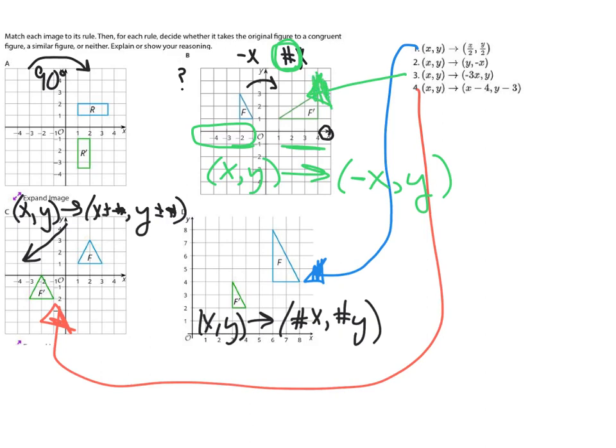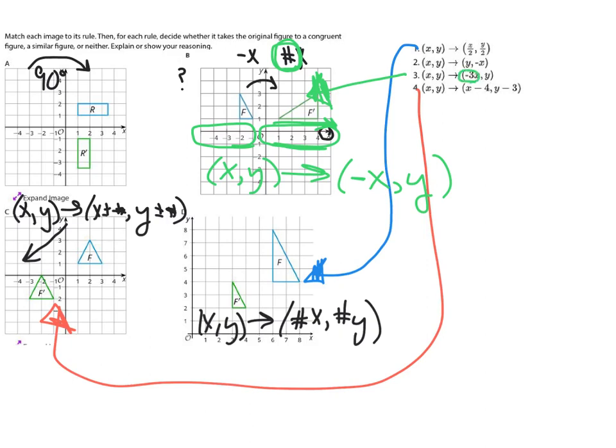Okay, so we're reflecting over the y-axis, which means my x coordinate goes opposite sign, and our x coordinate is also stretching, getting bigger. So that's where that -3 comes in.